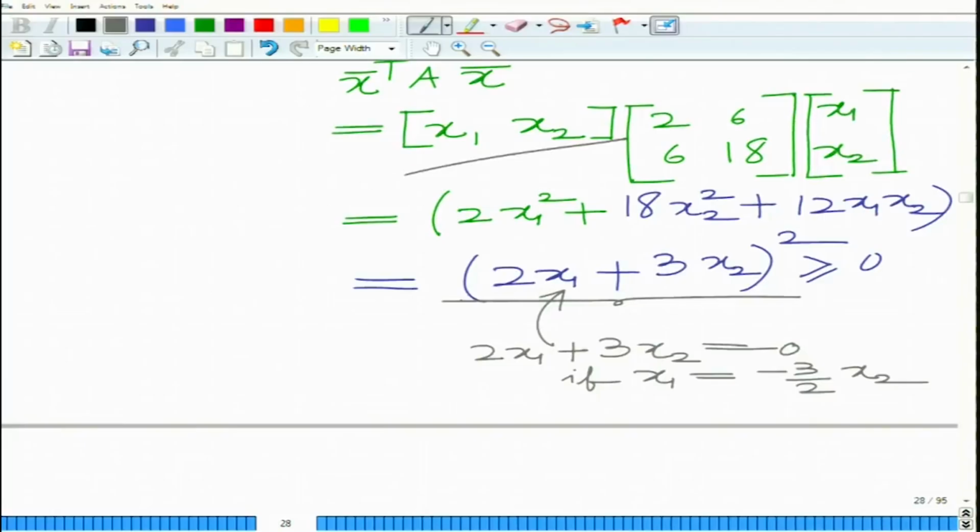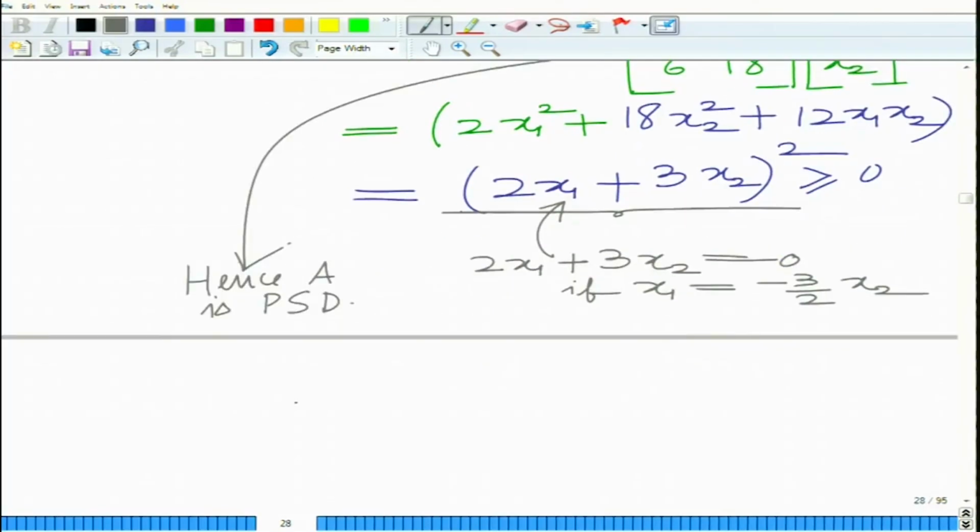Hence A is positive semi-definite, since x bar transpose A x bar is greater than or equal to 0 for all x bar.